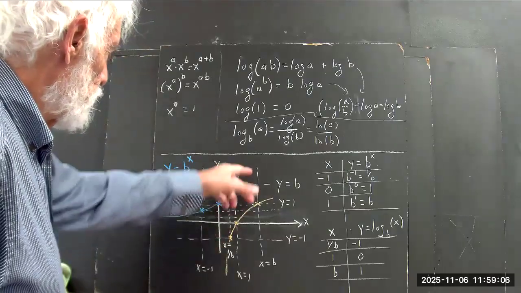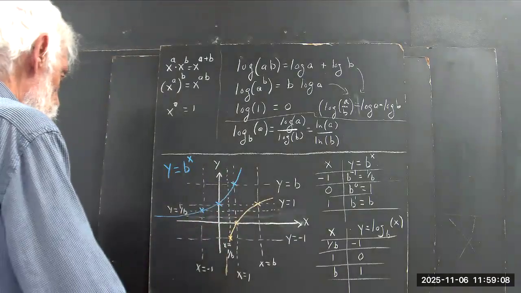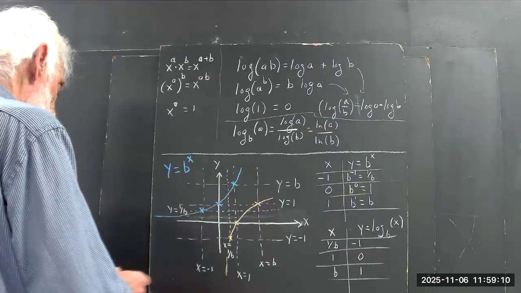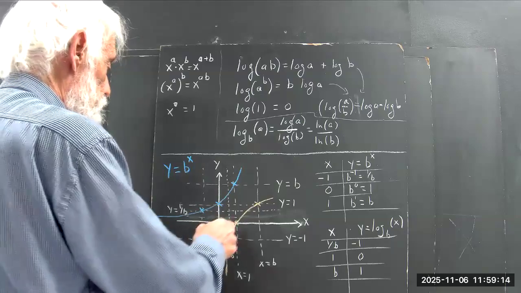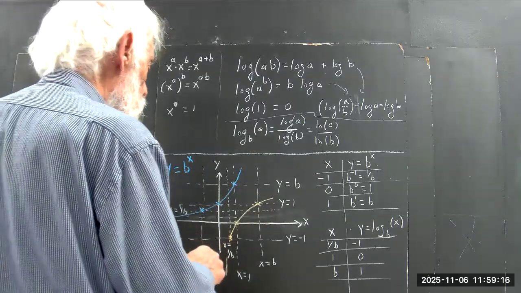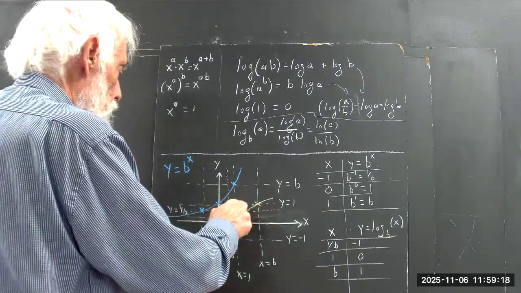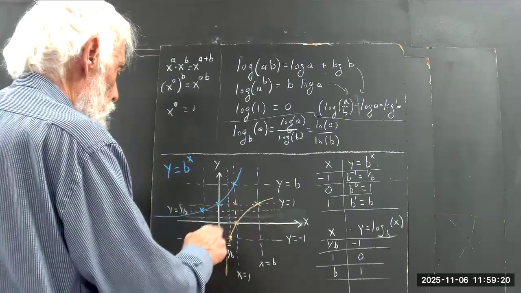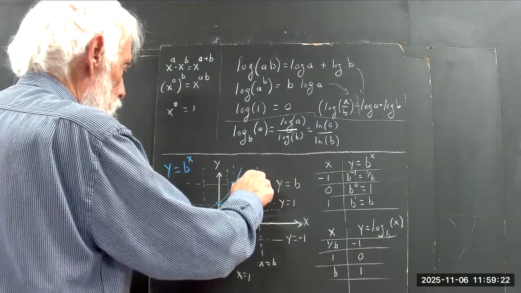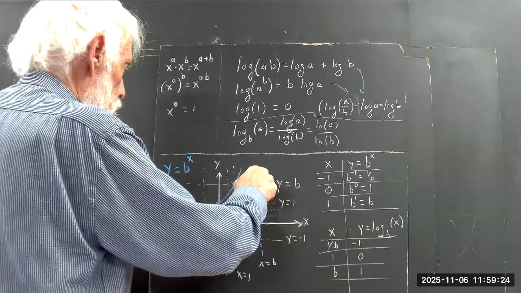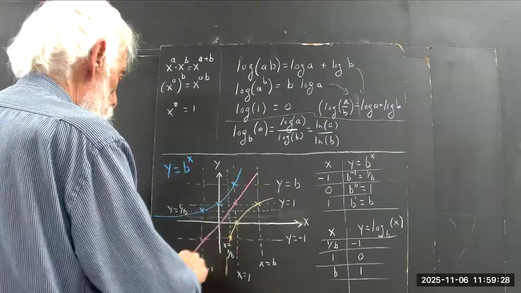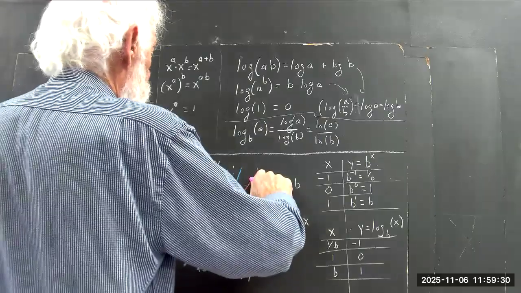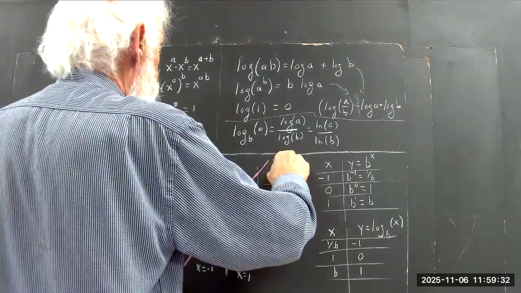So this curve is inverse to this curve in the sense that if we draw the line y equals x, which will go through 1, 1, -1, -1, and through the origin, that's approximately the line y equals x.